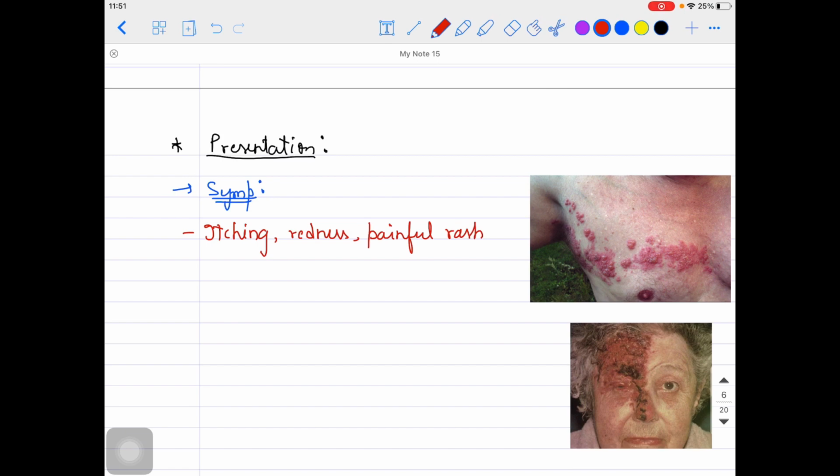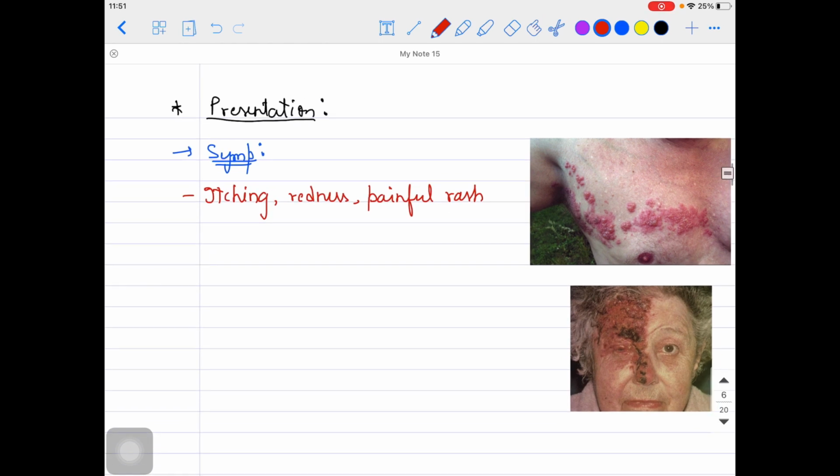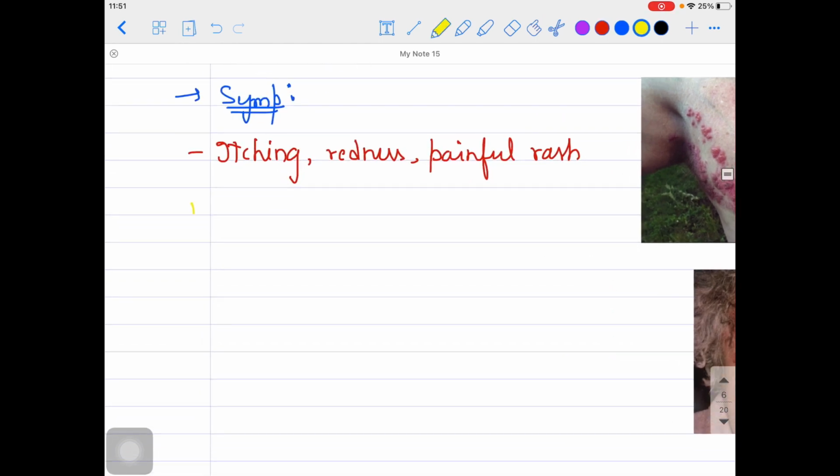Let's talk about the characteristics of these rashes, what kind of rashes they are. Basically, this rash will be unilateral, on one side of the body. Another characteristic is that they are dermatomal, and most commonly in the thoracic region.